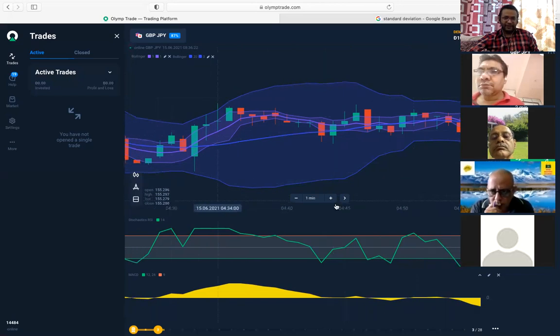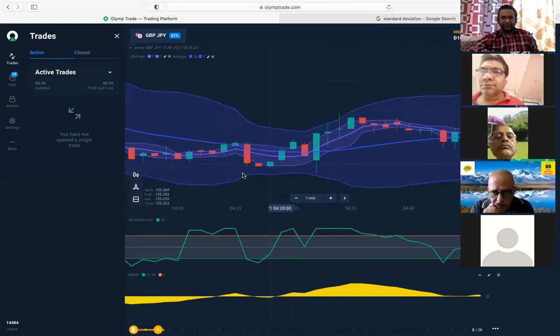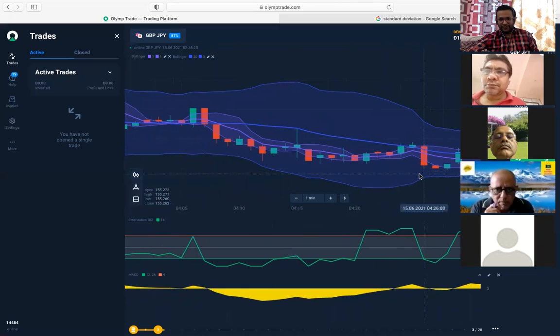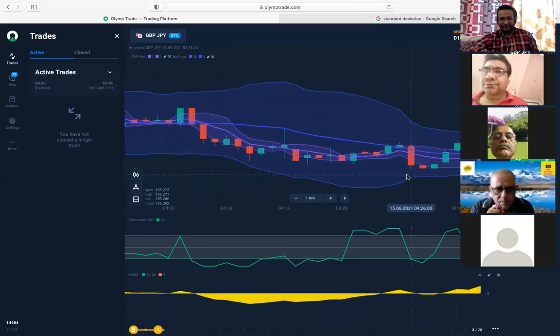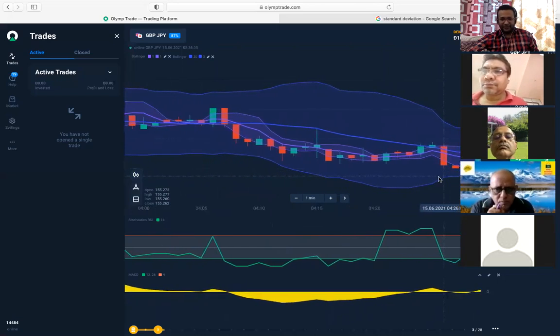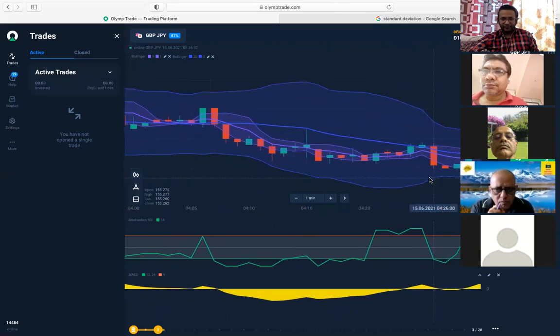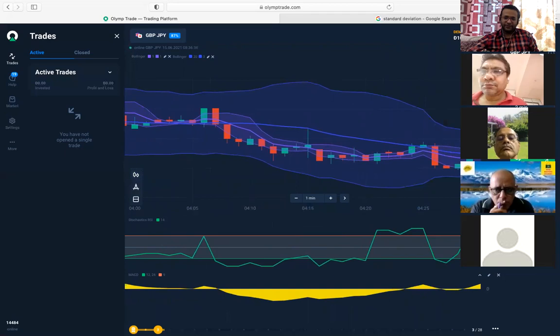Similarly, let's look at this particular portion. Let's look at the earlier candle. This candle also, histogram is confirming you. Stochastic RSI is also telling you this is going in the overbought region. So buyers are in full force. The candle is also above the 1 standard deviation.